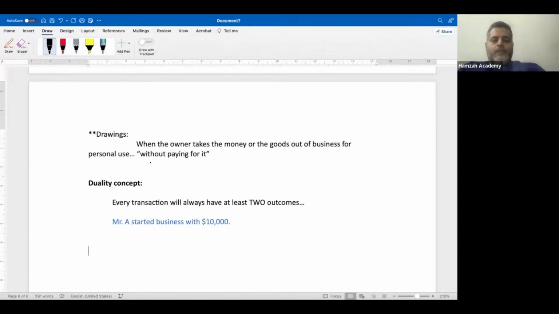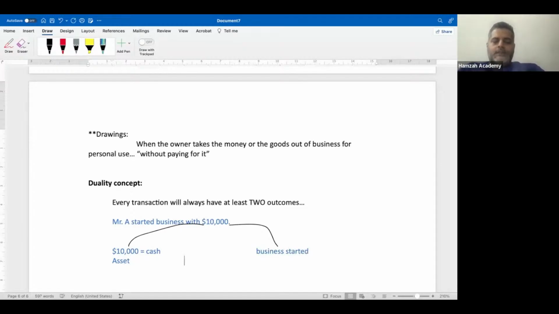Now, if I talk about this 10,000, this is the amount, or this 10,000 is cash, right? Cash is my asset, right? One effect. Secondly, with this amount, I have started my business, right?